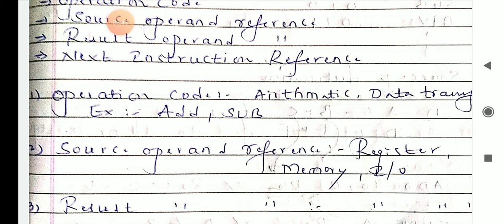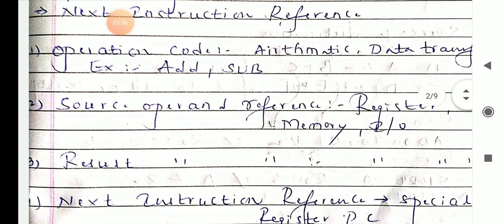Next is the source operand reference. For the source operand reference, you can use registers, memory, as well as input and output. You can take the register address, and using that register address you can transfer into the memory location through input and output. Whatever input and output of that memory register is there will be stored in the result.